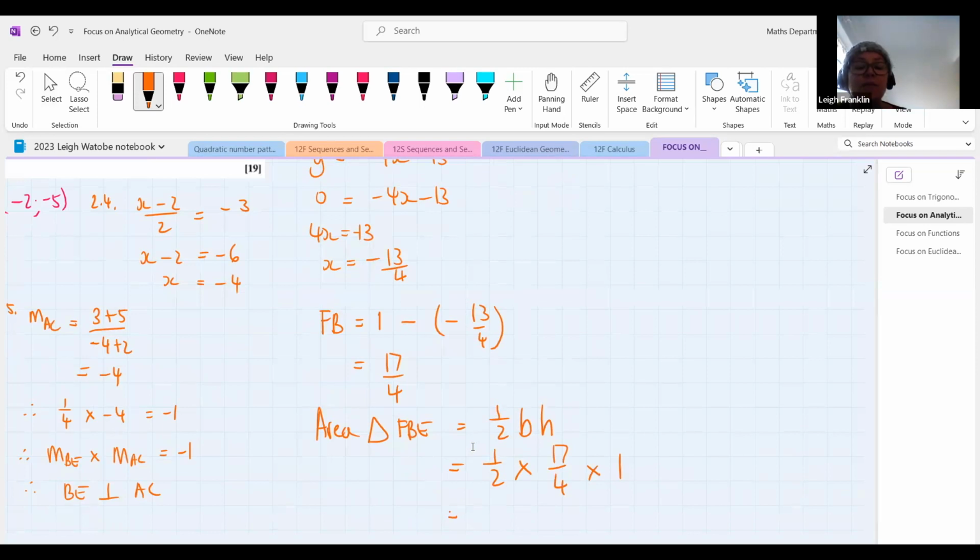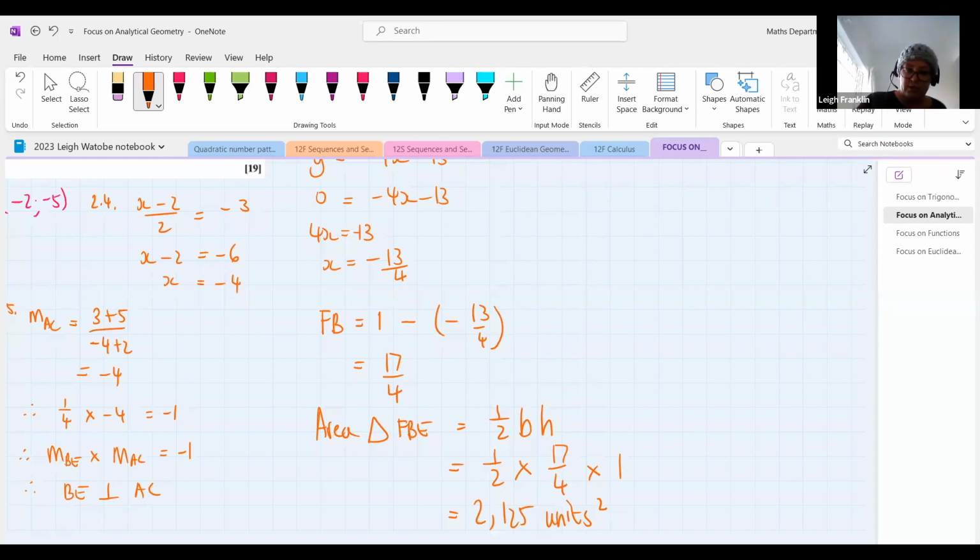The height is 1. And if we put that into our calculators, we'd get 2,125 units squared. Okay, so that's if we did it by half base times height.